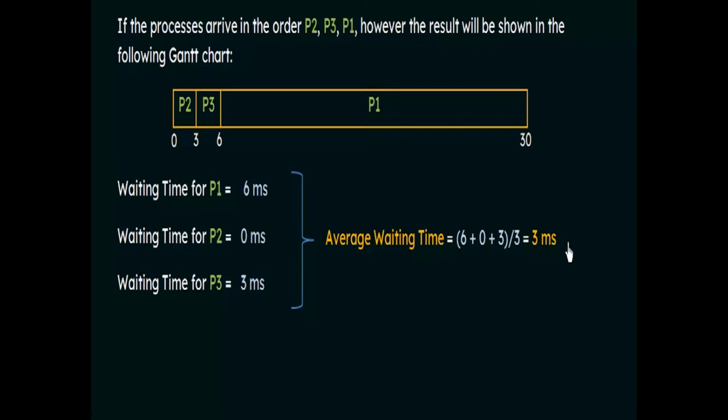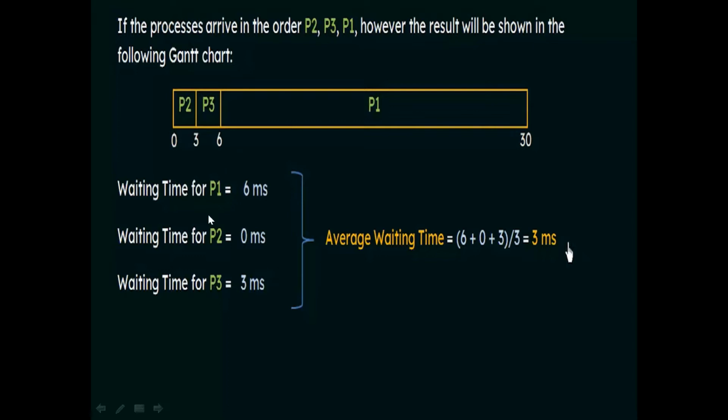We can notice from the Gantt chart that after 6 milliseconds, the CPU is allotted to P1.